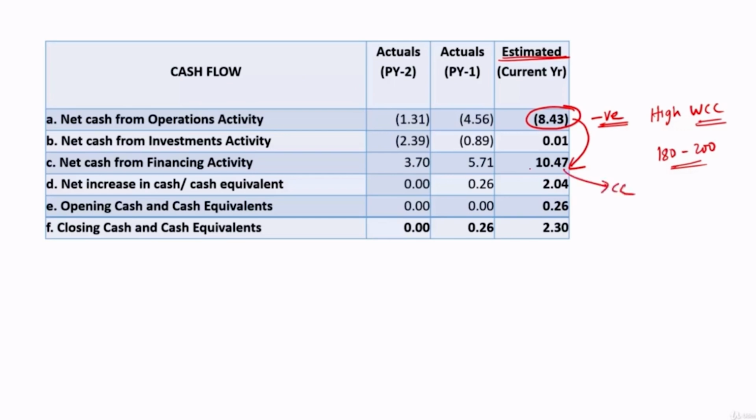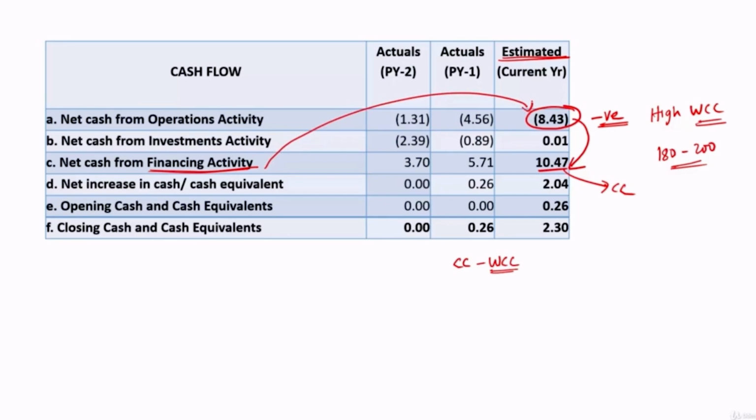So if cash credit is shown here, where we capture it under financing activity, then this position may be acceptable. Because this cash credit facility comes into the picture to support the working capital cycle only. So had this cash credit been adjusted here, then the negative figure may not be so much, or it can even turn out to be a positive figure.